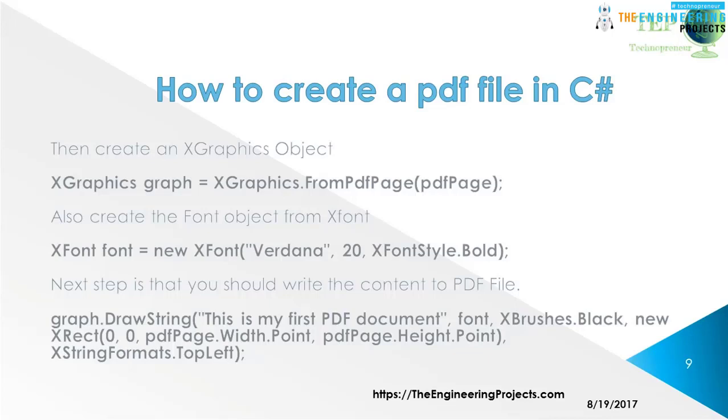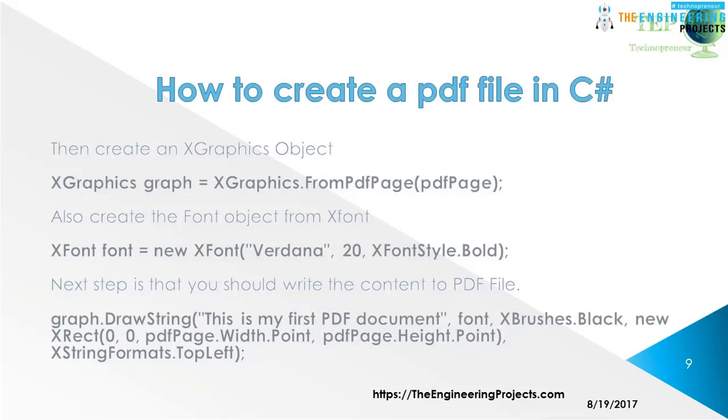The next step is that you should write the content to the PDF file as graph.DrawString, with anything you want to write, then the font, then the brush or color, then new XRect(0, 0, pdfPage.Width.Point, pdfPage.Height.Point).